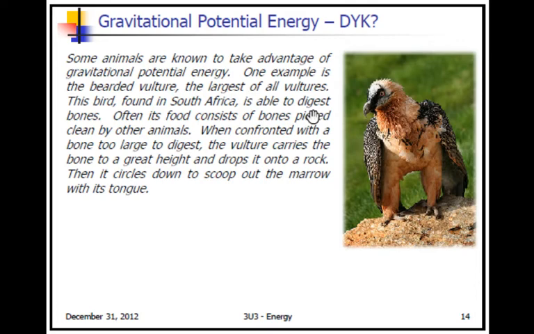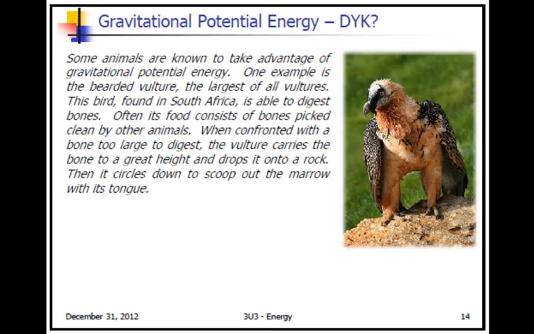So there are animals that actually use the idea of gravitational potential energy. One of them is the vulture. So the bearded vulture can't break into bones of carrion that it finds using its beak. But what it can do is pick up those bones and fly very high and then drop those bones on rocks.